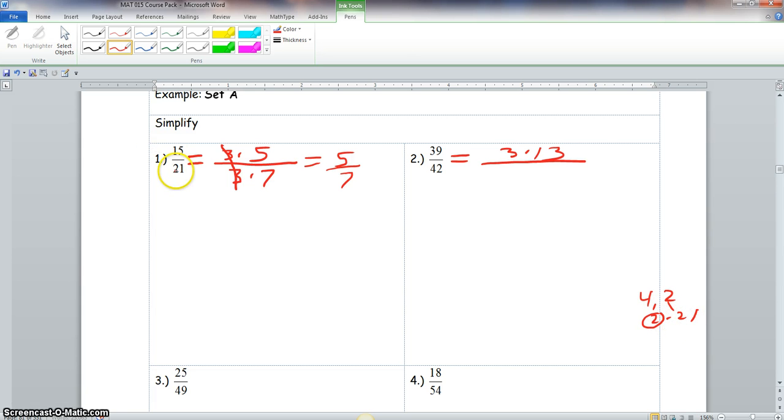Now we already did the prime factorization of 21, which is 3 times 7. So we know 3 times 7 is 21. So our prime factorization of 42 is 2, 3, and 7, which we will put here in our denominator. Now these threes simplify out, and we will be left with 13 over 14.